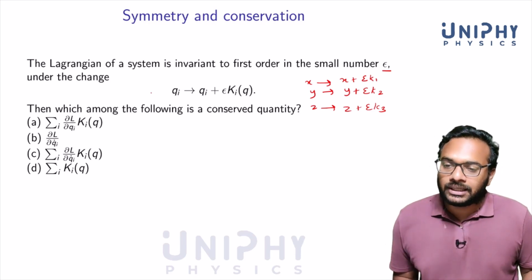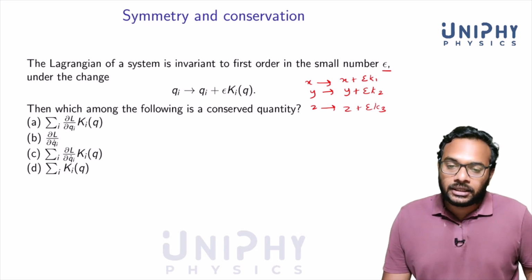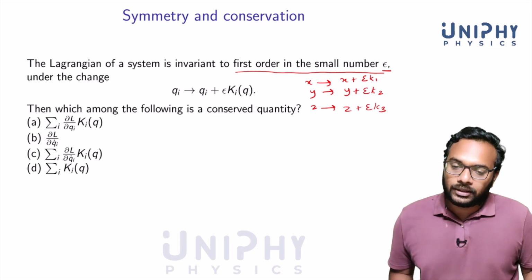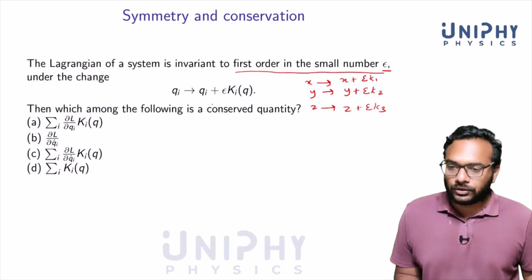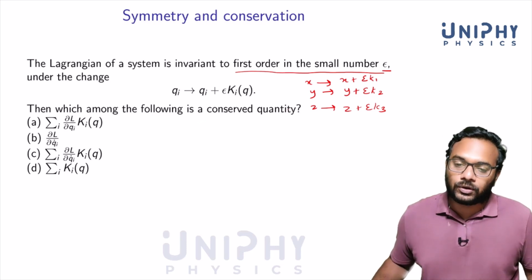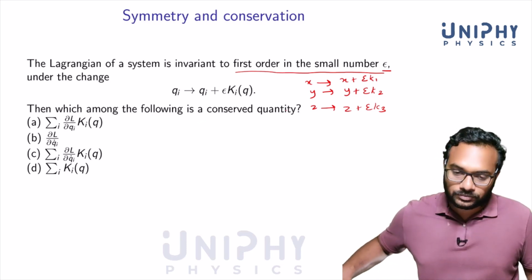So this is given: the Lagrangian of a system is invariant to first order in the small number epsilon under the change qi goes to qi plus epsilon ki of q. Then which among the following is a conserved quantity?